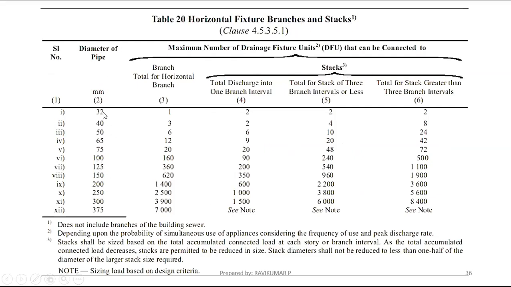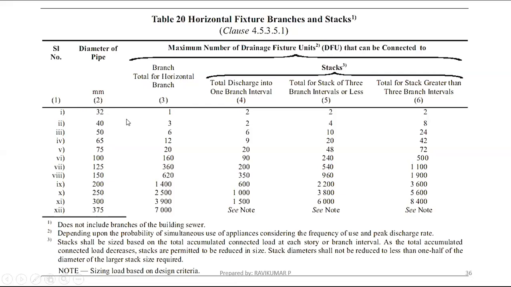So the diameters of the pipe they have provided are 30, 40, 50, 60 like that. If you take the 32 mm pipe for the branch total for horizontal branch, one fixture unit only you can connect. Same thing in the previous table also.